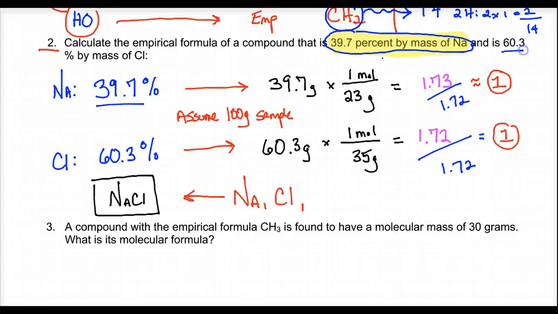And I have 60.3% chlorine. The first step is I assume a 100-gram sample. And when I do so, my percentages become grams exactly, because 39.7% of 100 is exactly that number. I can assume a 200-gram sample, but then I have to do the work. It'd be twice as much. Just assume a 100-gram sample, and the percentages become exactly the grams.